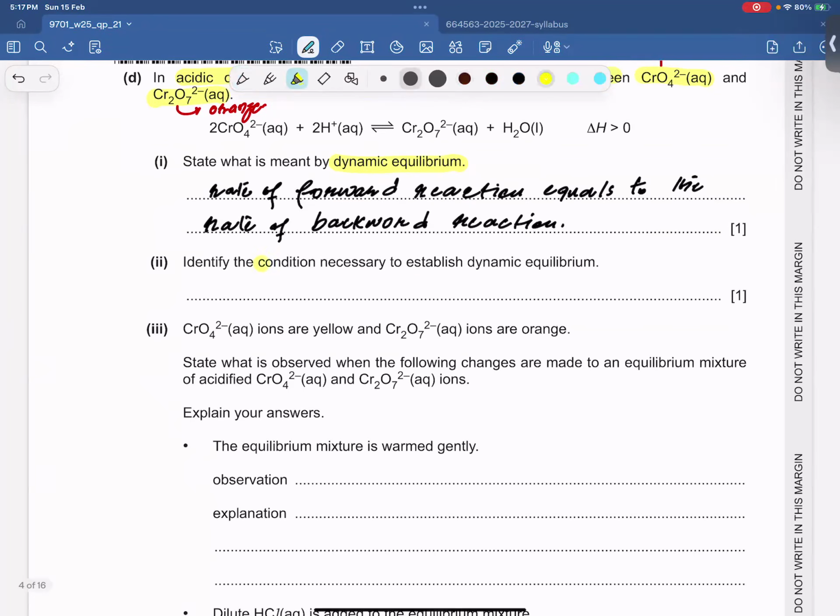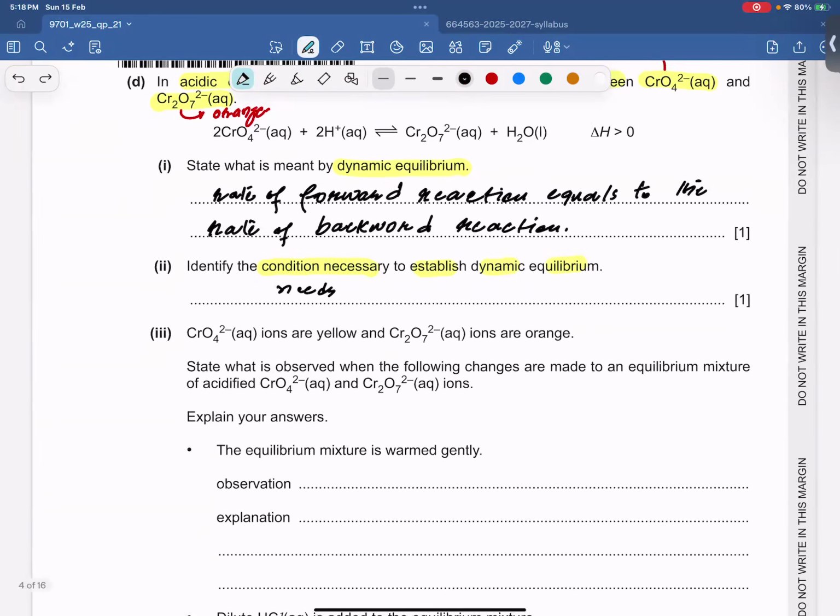Identify the necessary condition to establish dynamic equilibrium. It has to be a closed system or closed container, or closed vessel. Okay.